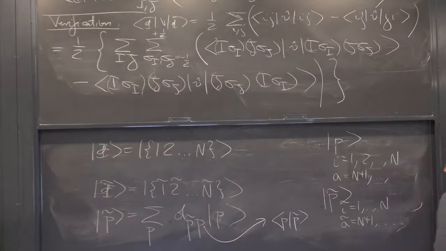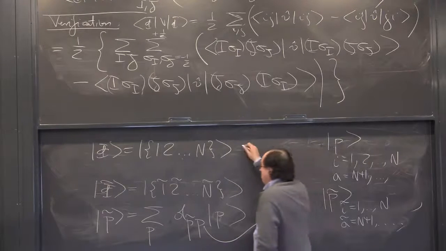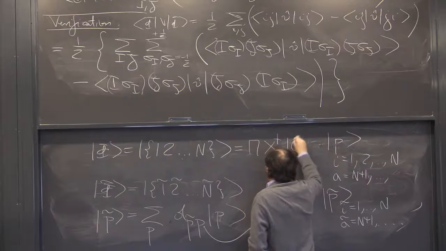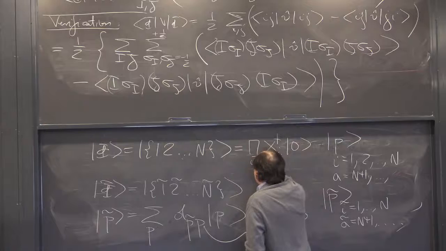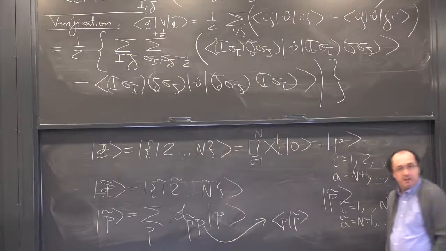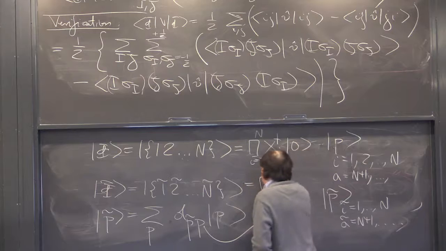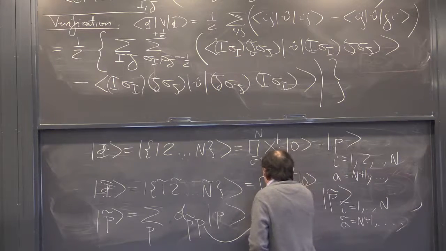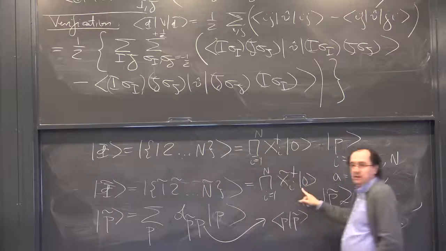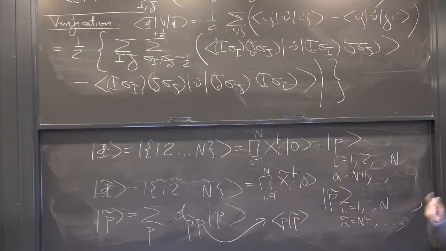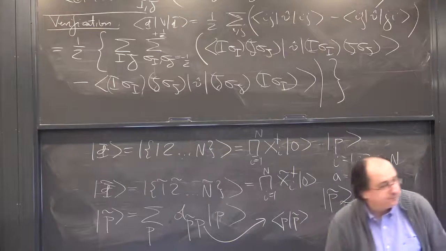That's going to be the beginning. So of course that means I will write this as a product of x dagger i's acting on the vacuum. You can imagine how this will start. That's going to be the first equation I'm going to write next, probably on Wednesday. And this will be a product of some tilted dagger operators corresponding to the tilted basis set, choosing the first n members of it.